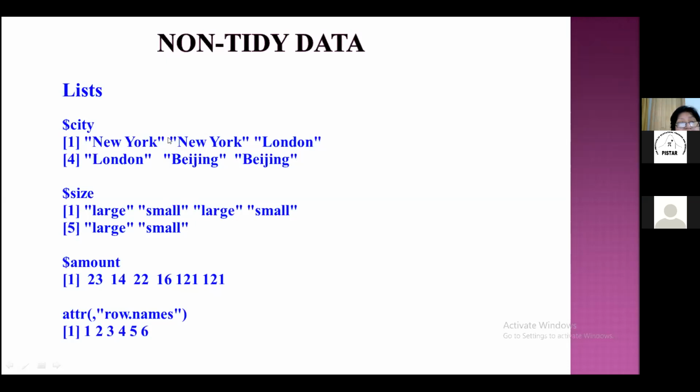Just note, ladies and gentlemen, that there are 3 here in the first row, but in this list there are 4 here in the first row, because it just comes down, and so it's quite difficult. I mean, if I have to match this London here with the size of the particle, I don't have to go here, I have to go here. See, London is the 4th one here and small is the 4th one here.